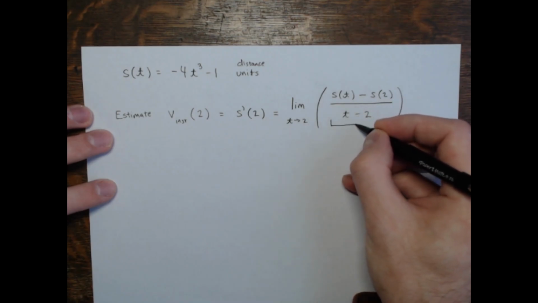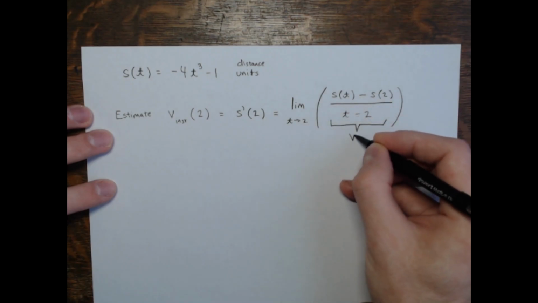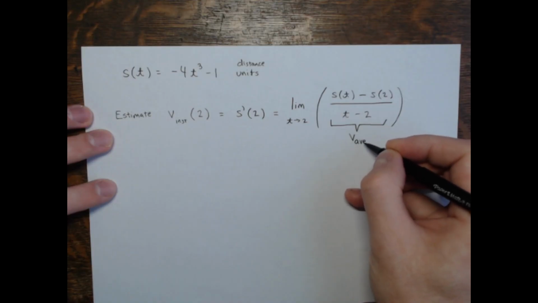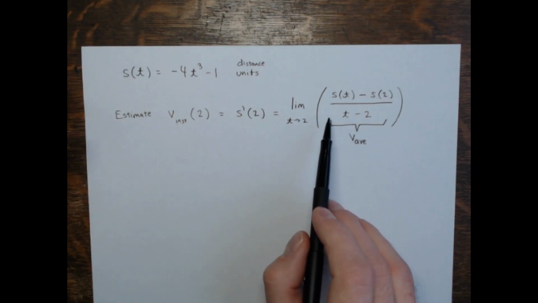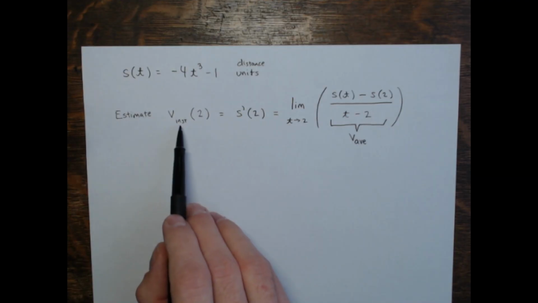So here are the average velocities they're talking about. And when we have t approach 2, then we'll have the instantaneous velocity.